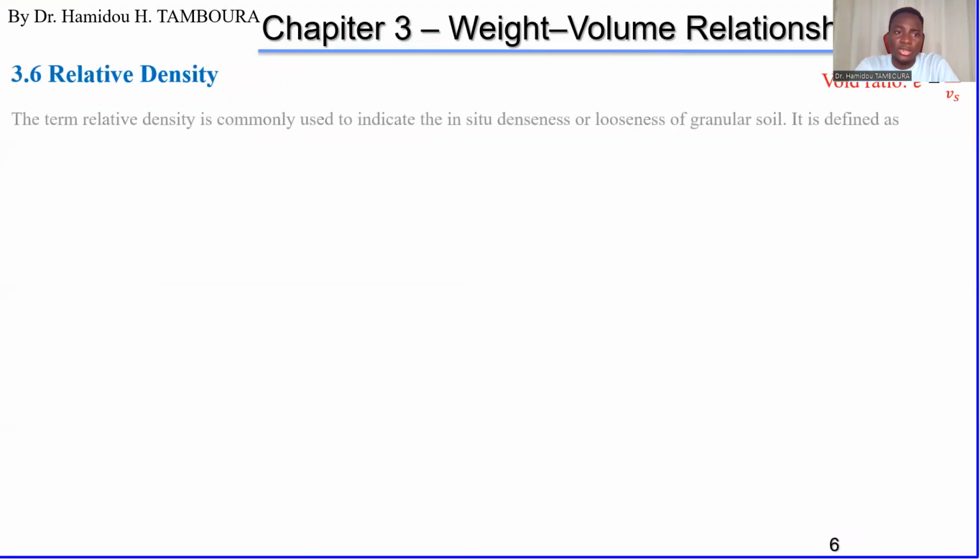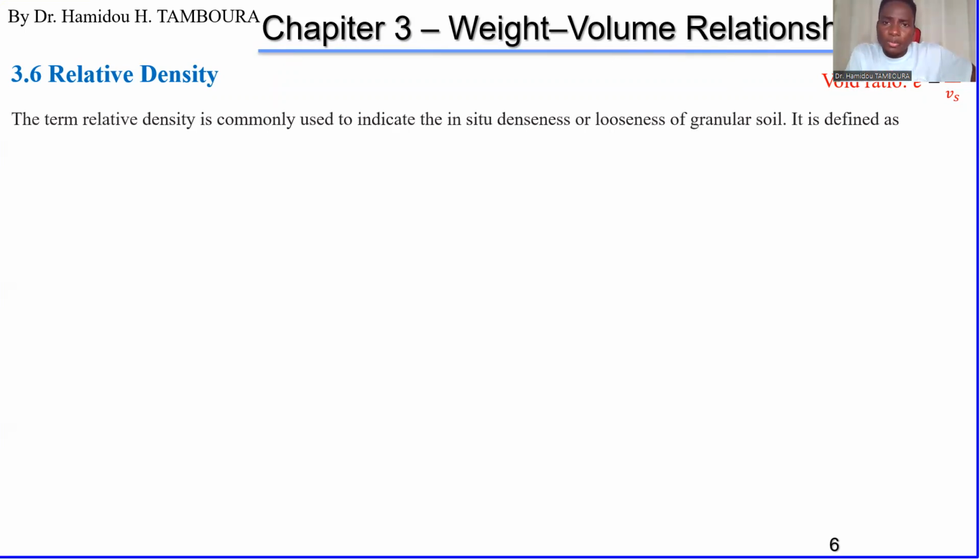This term of relative density is commonly used to indicate the in situ denseness or looseness of granular soil. The first point you need to be careful about is that it is used for granular soil. Please remember that.